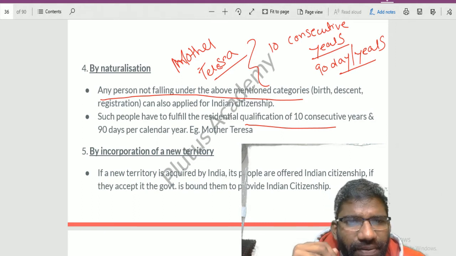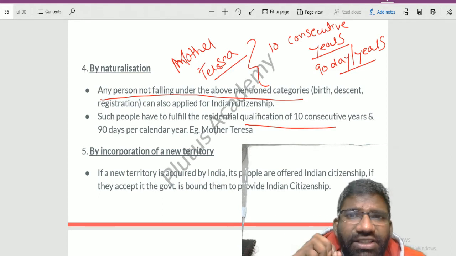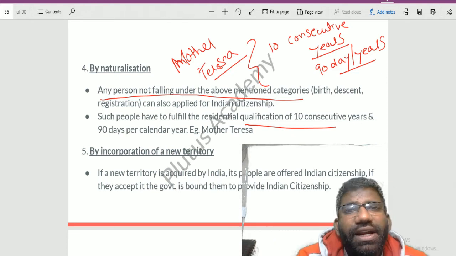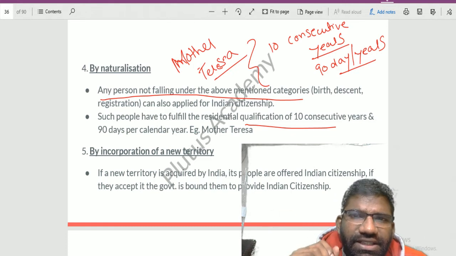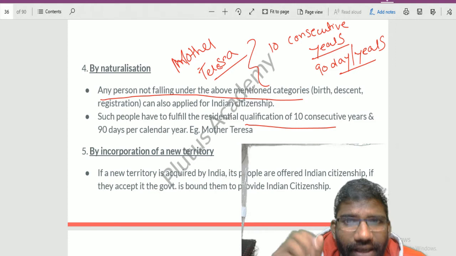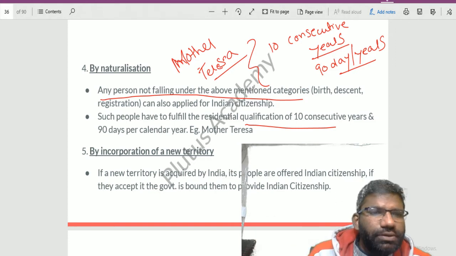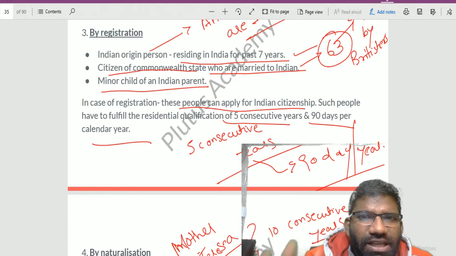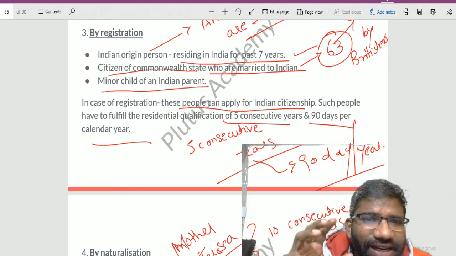By registration, if a person's ancestors were of India, or a person is of Indian origin, he stays here for 7 consecutive years, he gets Indian citizenship. A person of a Commonwealth state getting married to an Indian gets Indian citizenship. And the last one was minor child of Indian parents. For all these aspects, 5 years, the person has to consecutively stay in India 90 days per year.